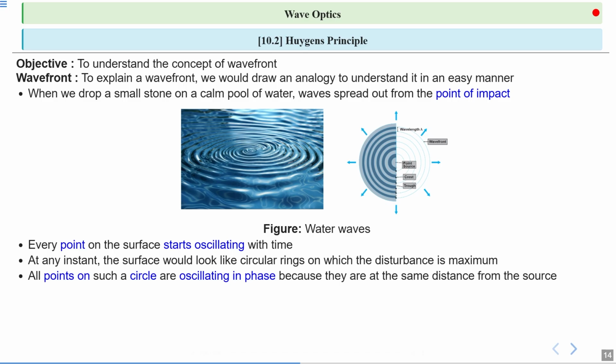On one circular path, all the particles will be oscillating in the same phase. We will define the wavefront with the help of phase difference.